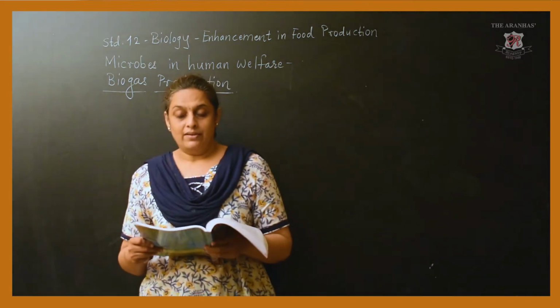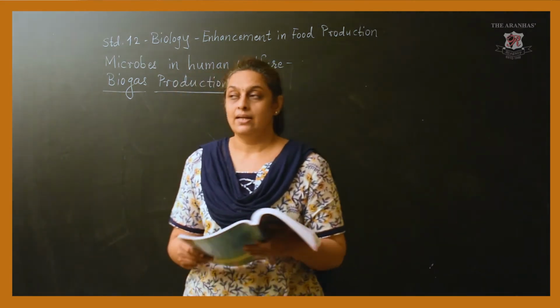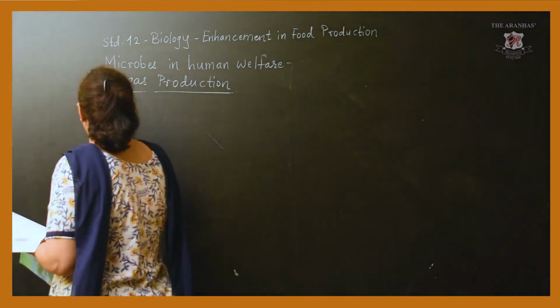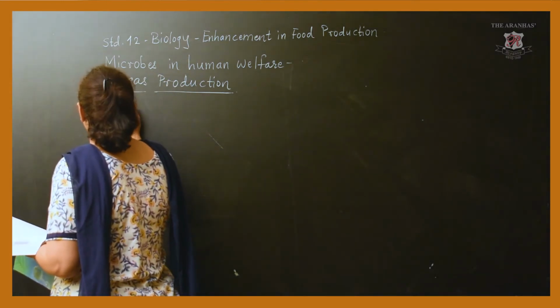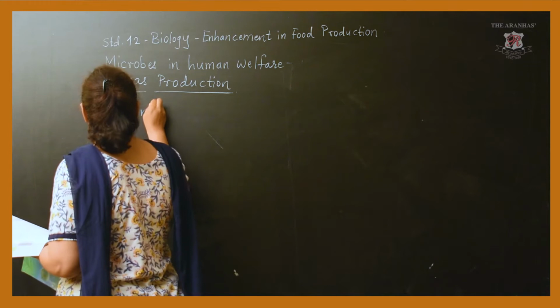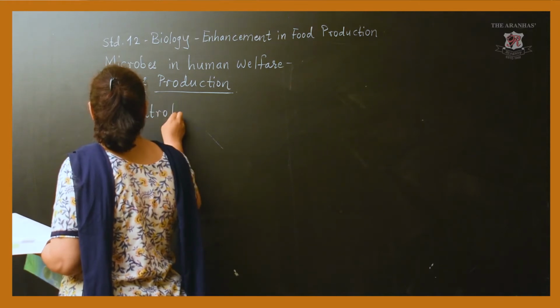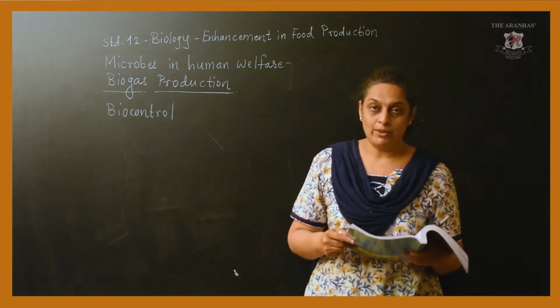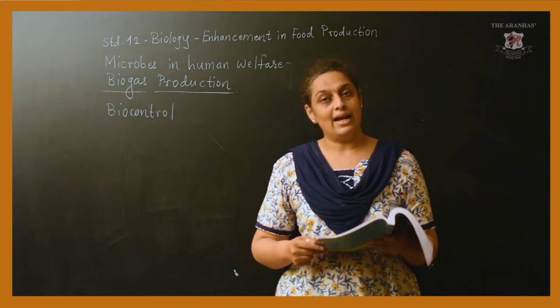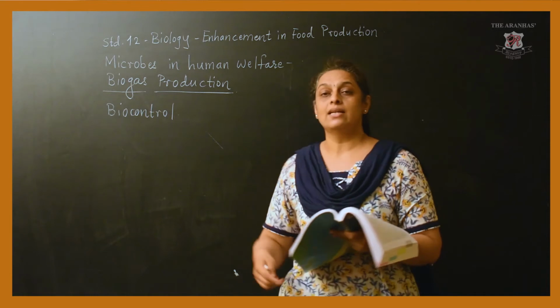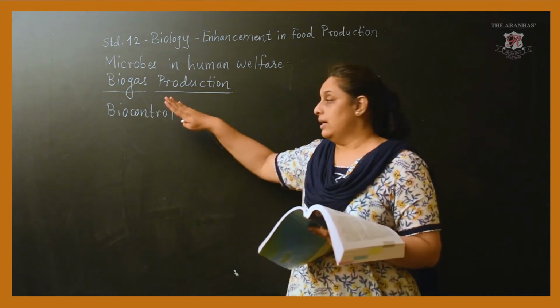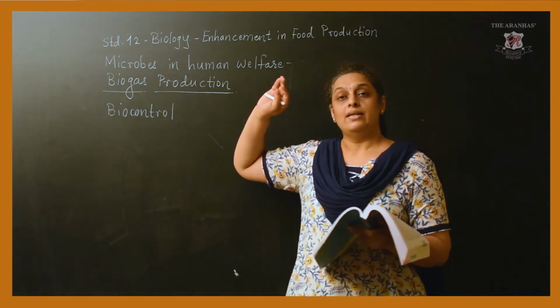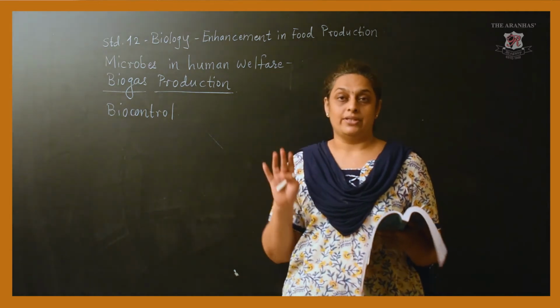Now the next part we are going to do is biocontrol. Now first of all I will explain to you what is this biocontrol and then we will do other details. Now biocontrol is related with agriculture.